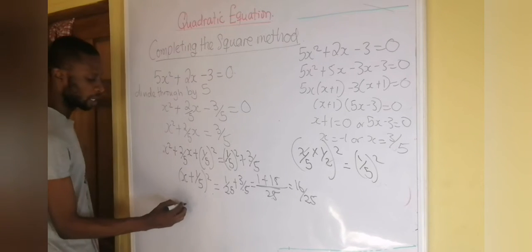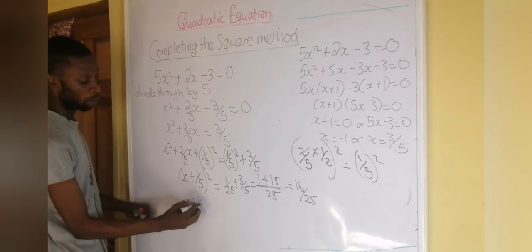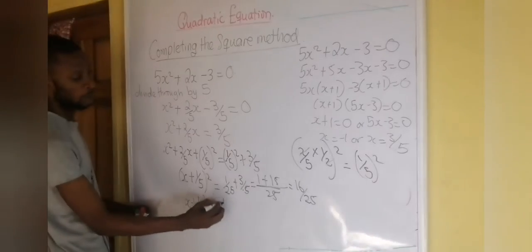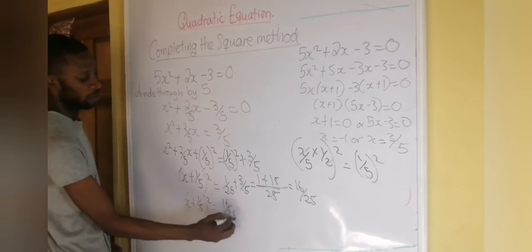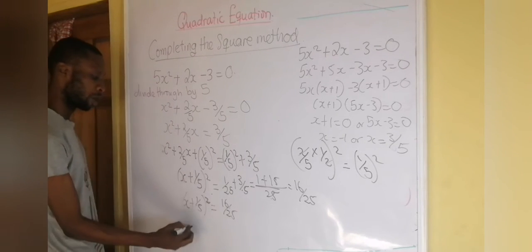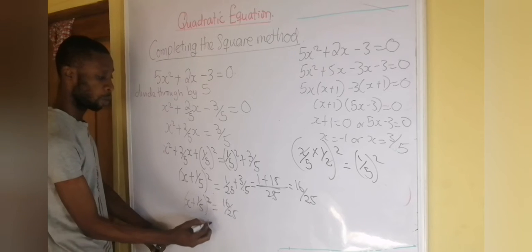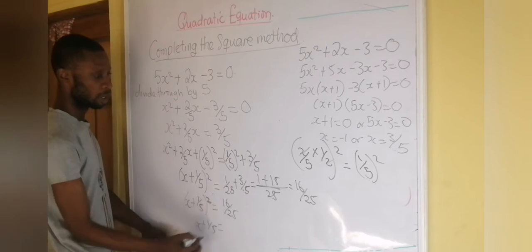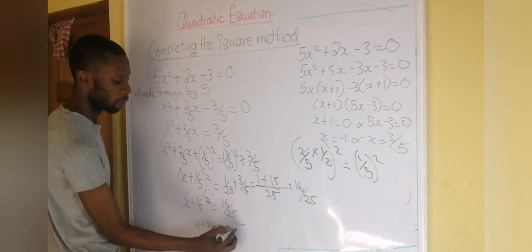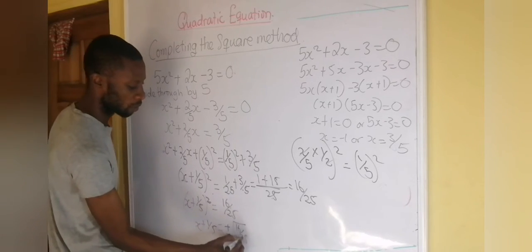So you have x plus 1 over 5 all squared equals what? 16 over 25. So I take the square root of this side. So you have x plus 1 over 5 is equal to what? Plus or minus the square root of 16 over 25.